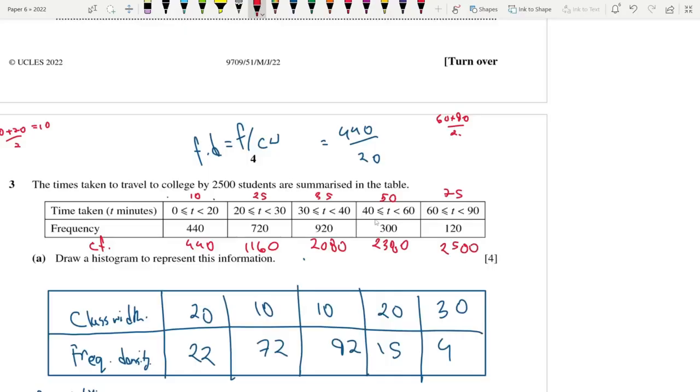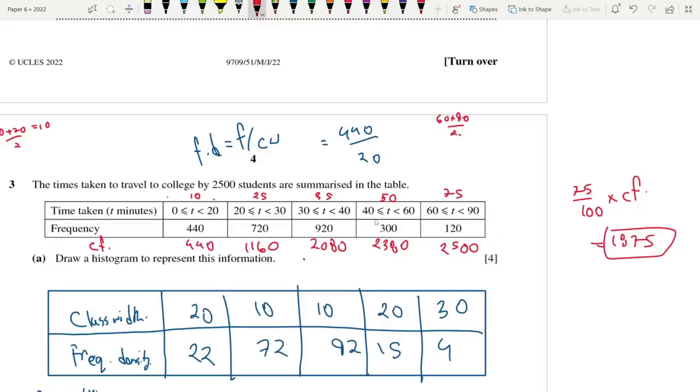So the upper quartile is basically 75% of the cumulative frequency. So 75 over 100 times 2500 is 1875. So the upper quartile essentially is the 1875th value. So where does that lie?